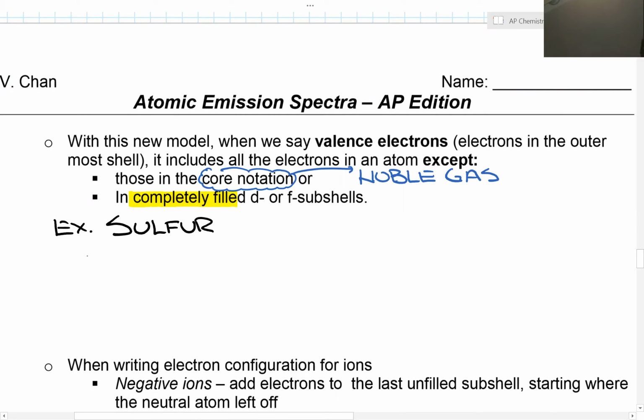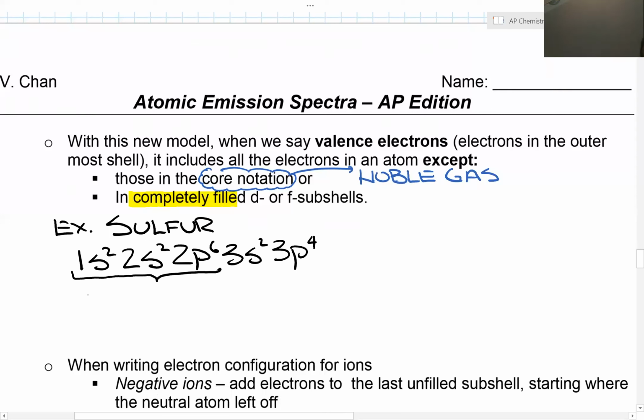Sulfur, if we were to do this, would be 1s2, 2s2, 2p6, 3s2, 3p4. Now, this 2s2, 2p6 would be my core notation. Why?